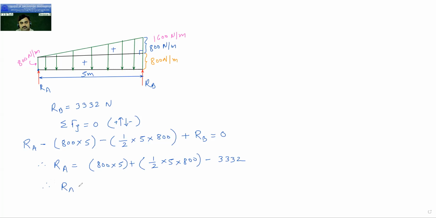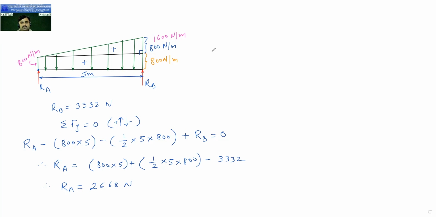Therefore RA is equal to, what is the answer? Let me know the answer. 2668 Newton. Okay, so others, please do check the answers.